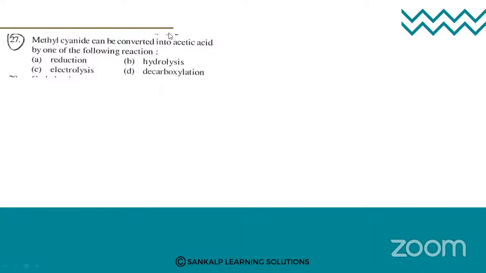Primary amines can be distinguished from secondary and tertiary amines by reacting with, option A, chloroform and alcoholic KOH. That will give you the carbylamine test. Only primary amines give the carbylamine test.